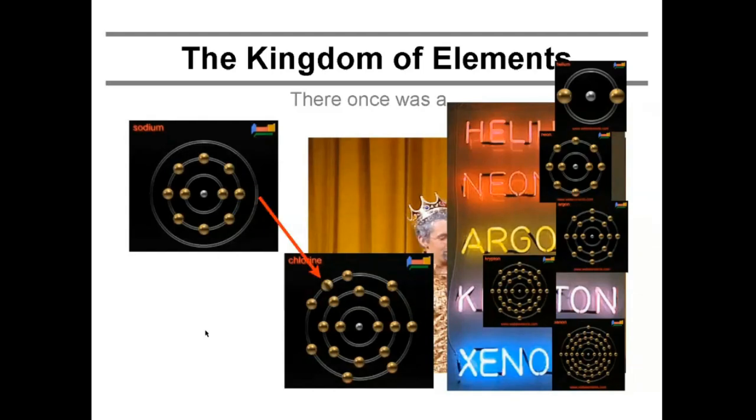So sodium gave freely 1 electron to chlorine. Now sodium looks like neon, chlorine looks like argon, and they have never been happier in their lives. They looked like their elements. So we look like neon here, and it looks like argon on this side.